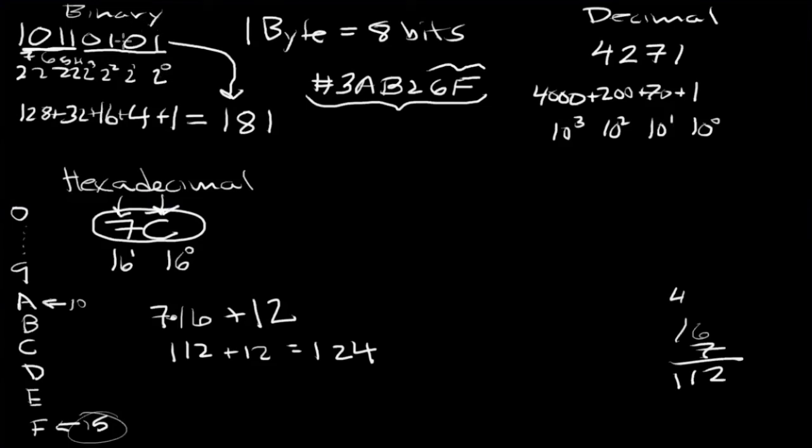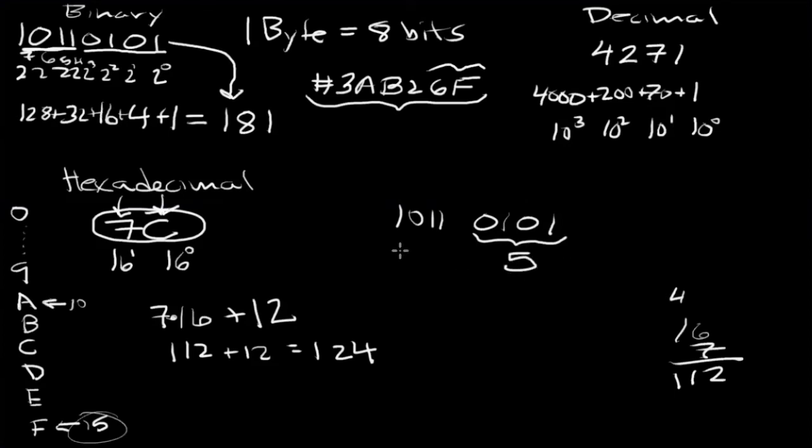So if I wanted to convert this to hexadecimal, I would take 1011, 0101, and I would look at each one separately. So this one is 1, no 2s, and 1 4, so that's what, 5?